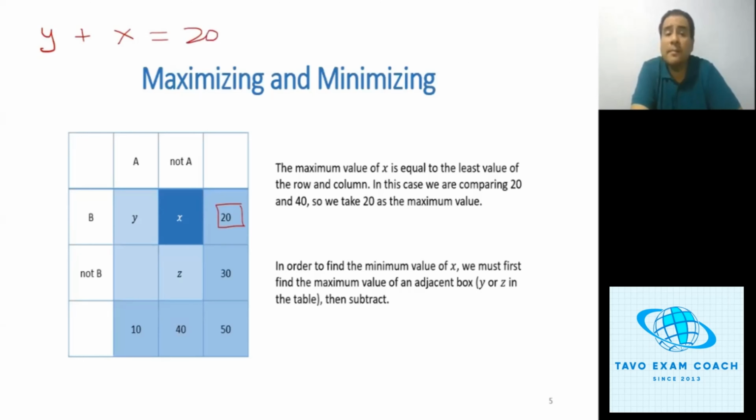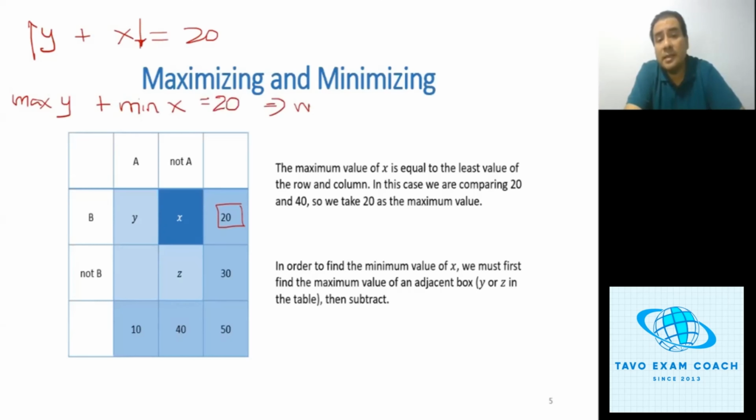If you want to minimize the value of X, that means that Y should reach its maximum value possible. So we need to find the max value of Y, and since that added with the minimum value of X should be 20, the minimum value of X should be 20 minus the maximum value of Y.